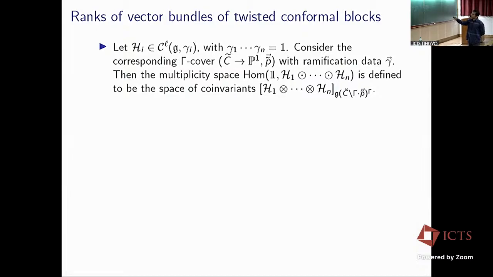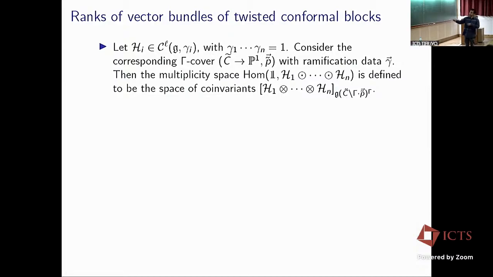Take that gamma cover, and now take the conformal blocks corresponding to this particular gamma cover. That is how you define this multiplicity space. So basically this is the space of co-invariants. You're taking the tensor product of these infinite dimensional representations, but when you take these co-invariants, you're left with a finite dimensional vector space.